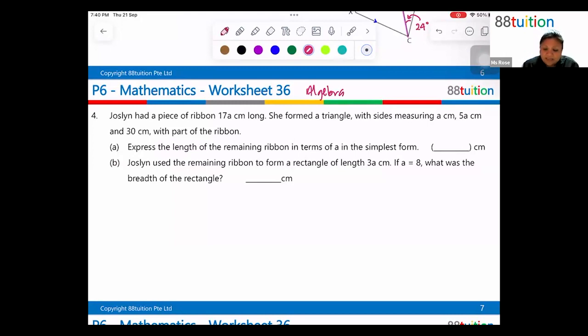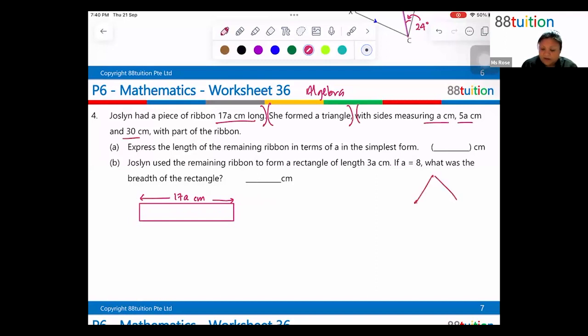So it says here, Jocelyn had a piece of ribbon which is 17 cm long. So this is a piece of ribbon, the length is 17 cm long. Now she formed a triangle with sides measuring A, 5A, and 30.